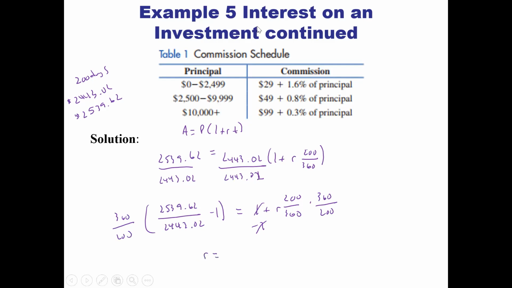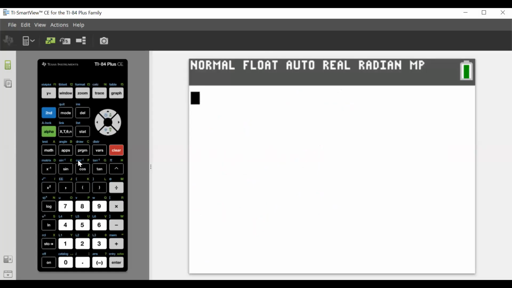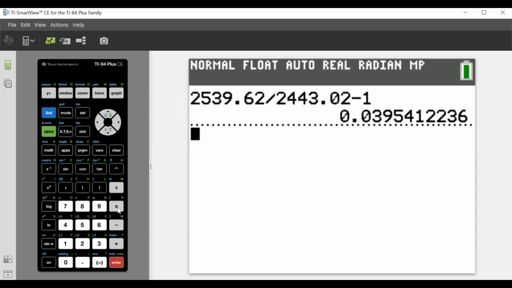Now, if I can remember all that, we'll type that in. We had 2539.62 divided by 2443.02, then minus 1, and I didn't put parentheses, so then that's equal to, and we multiply that by 360 divided by 200.